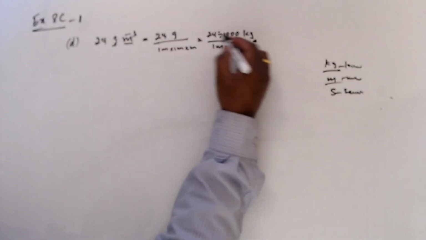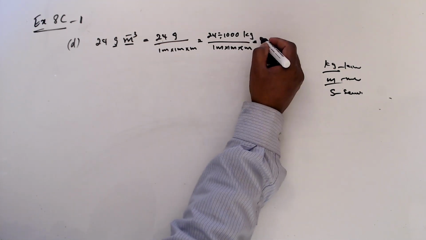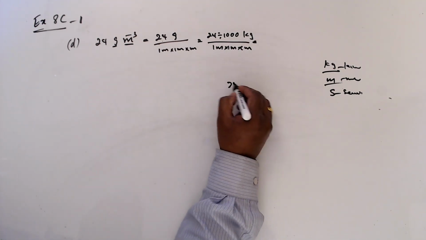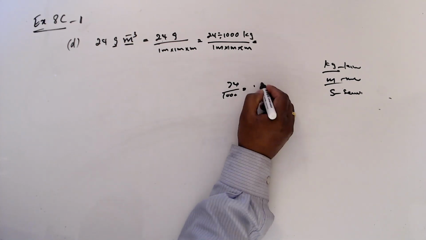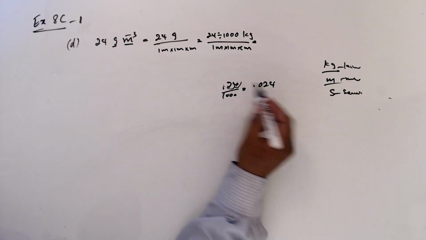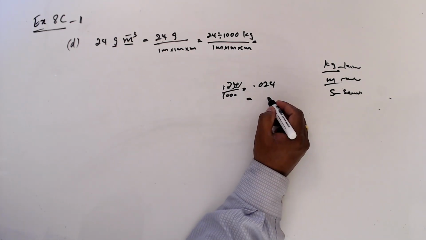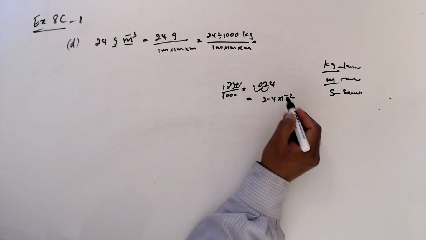So this is going to be 24 divided by 1000, 0.024. You want to bring 3, so this is going to be 2.4 to the power 10 to the power, 1, 2.